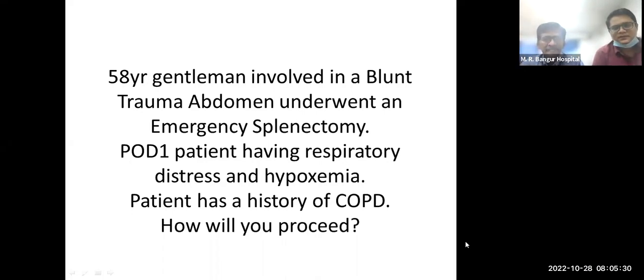If a patient has respiratory distress and hypoxemia, it clearly suggests some chest complication, some pulmonary pathology in the first post-op day, on the background of a known case of COPD. Sir, it may be due to atelectasis or exacerbation of COPD.